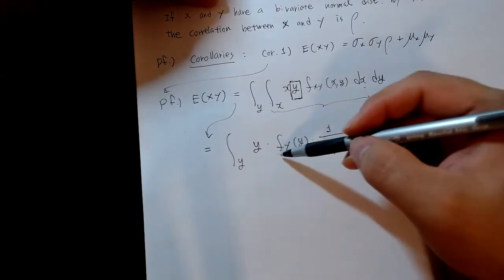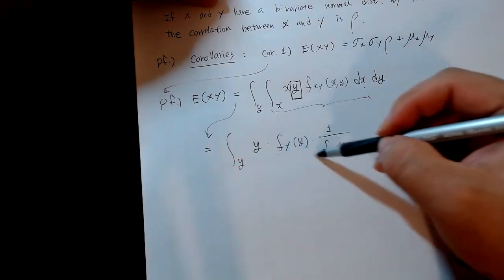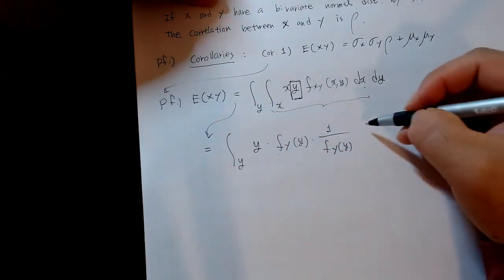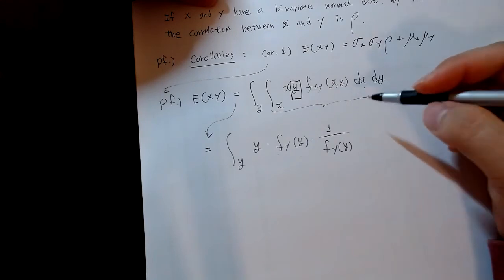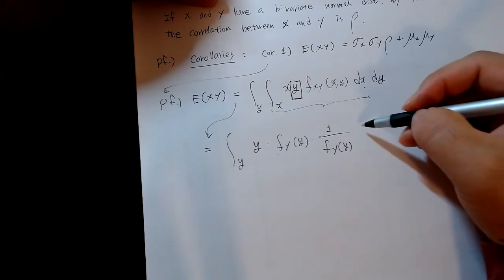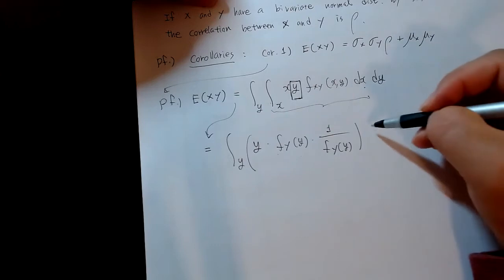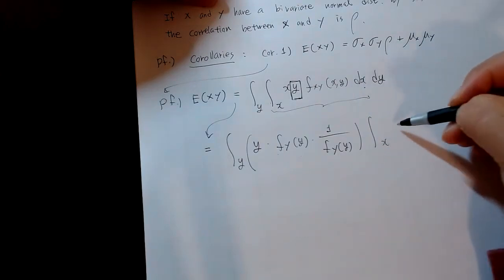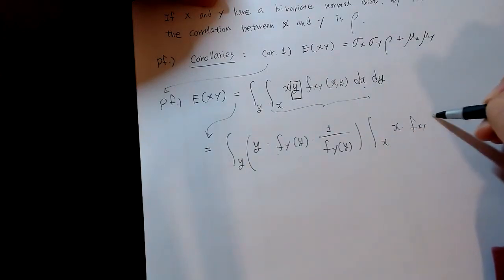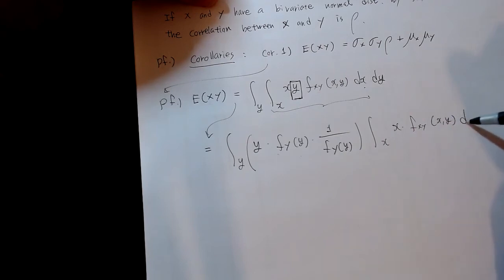That's why I call this one the identity. Then here the integral of x times f(x, y) dx, and then dy.